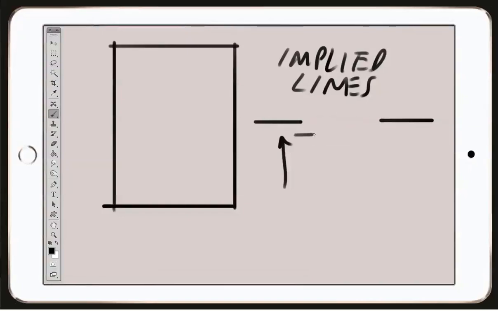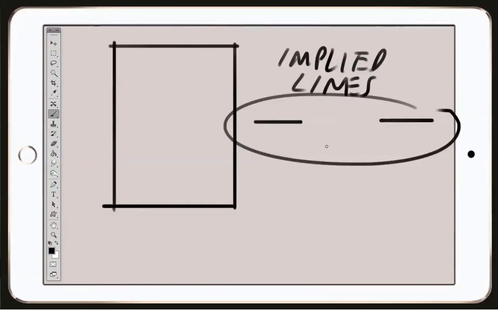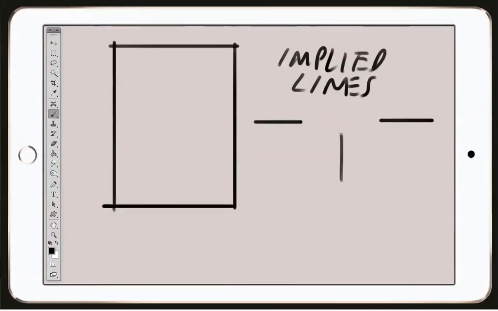You feel like it is continuing into this other line. So therefore, you have this implied line or invisible line, or it's also referred to as a subjective line. Your brain connects these two lines by this invisible line. So it feels like the line here is continuing into the other line.